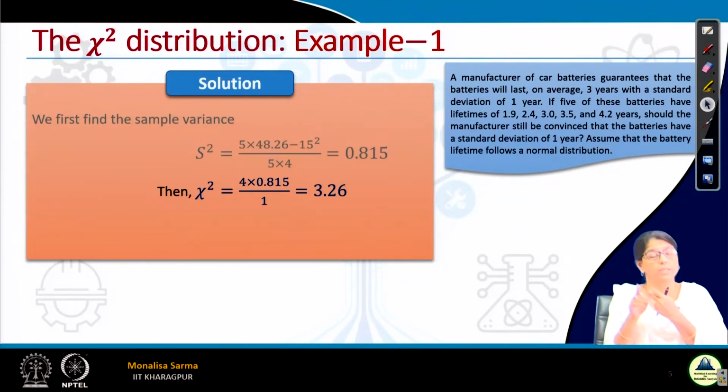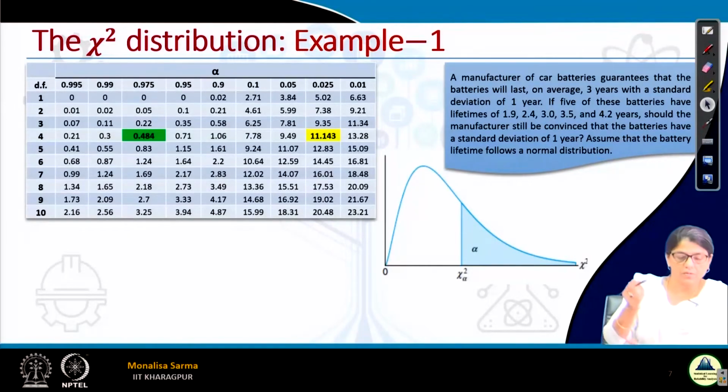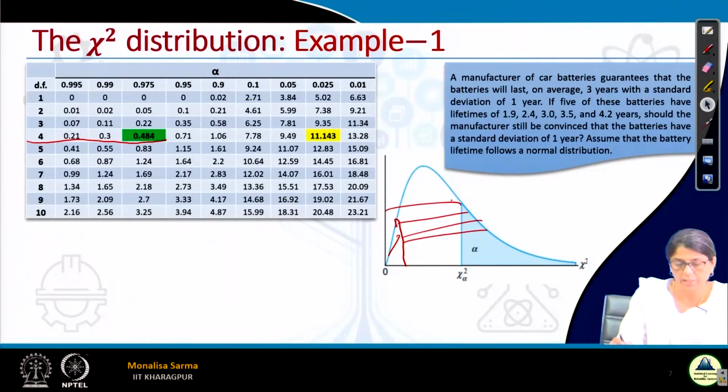So we need to find out for 4 degrees of freedom what the acceptable range is. For that we will consult the chi-square table. So this is the chi-square table, and for 4 degrees of freedom, the value of chi-square corresponding to an area of 0.975 is 0.484. And for the area of 0.025, the value is 11.143.